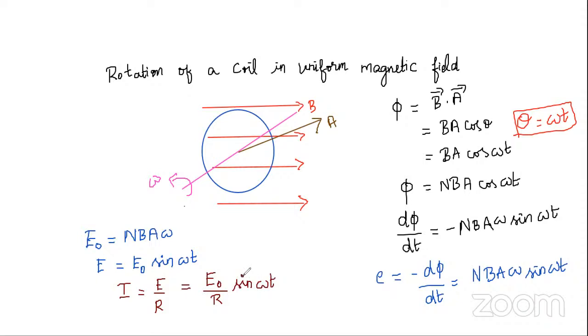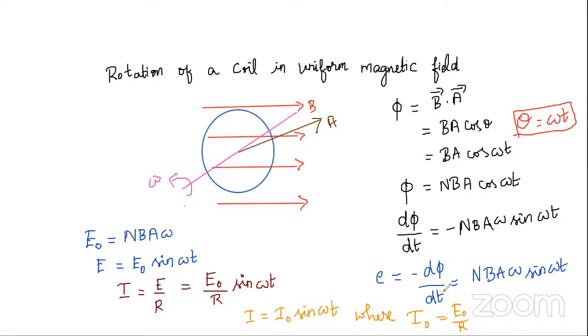So this E naught by R can be replaced by I naught. We can write I equals I naught sin omega t, where I naught is equal to E naught by R.